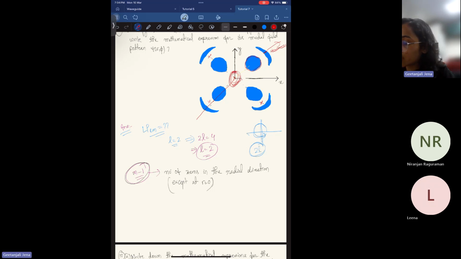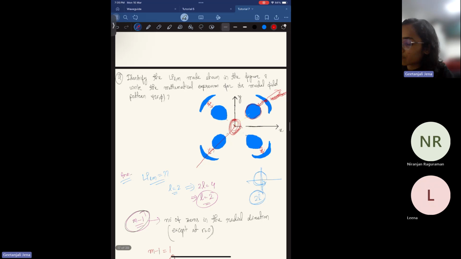Now there is a non-zero field here, and this far field region, don't consider it. So you can see there is one 0 between this mode profile, in every direction. So that means M minus 1 would be 1 only. So M is 2.